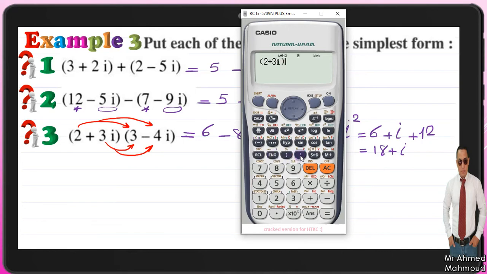Then I will close the bracket and open a new bracket, 3 minus 4i, and close the bracket. It will be 18 plus i. This is the simplest form. You can use the calculator to check, or if the question is multiple choice, then you can simplify directly by using the calculator. It's okay.